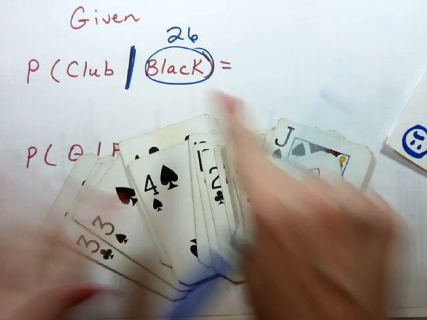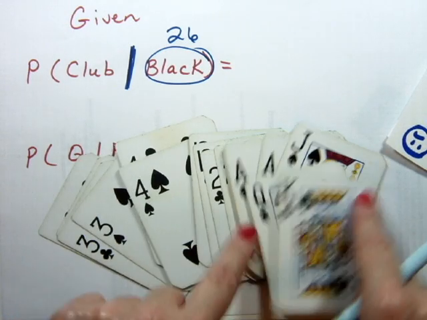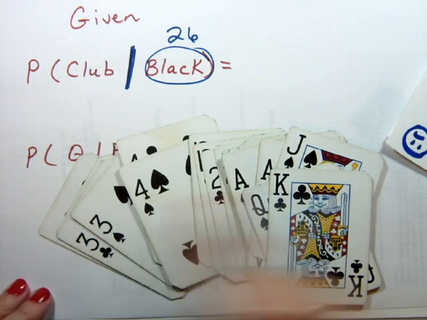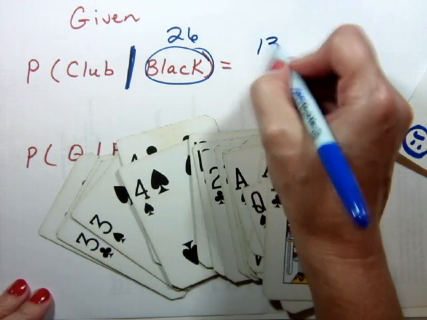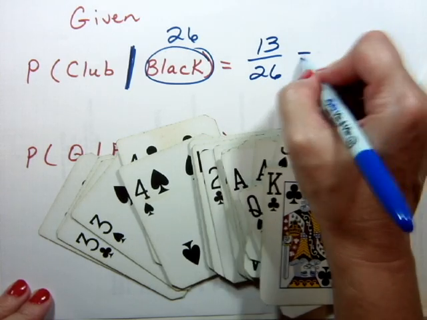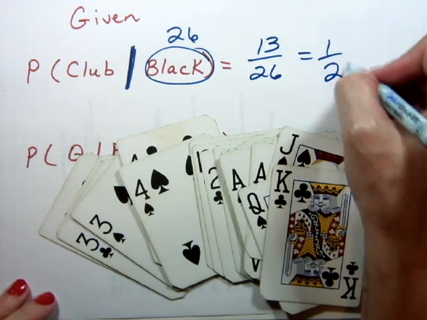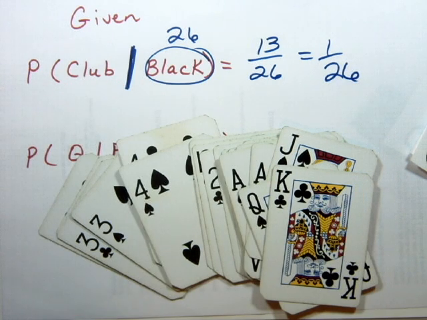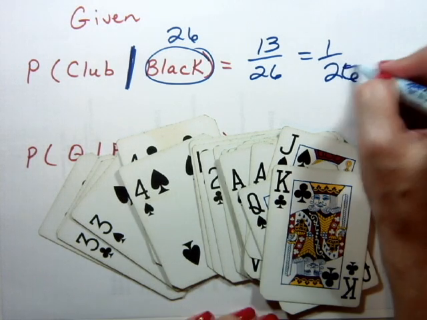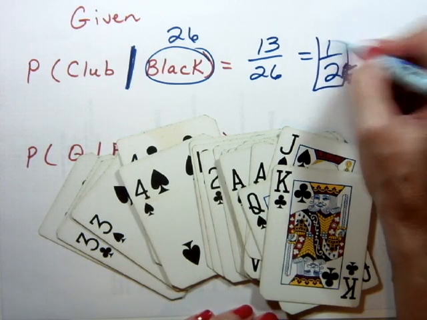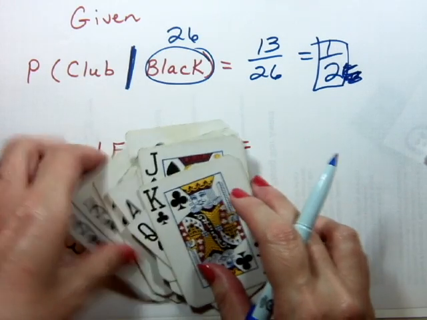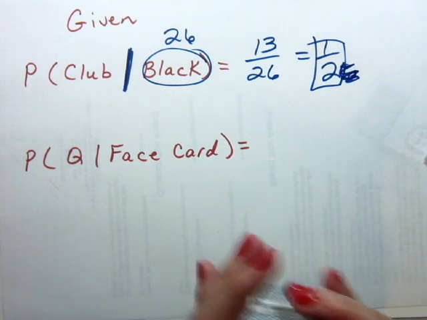So if you know it's one of these 26 cards, what's the probability it's a club? Well, how many of these black cards are clubs? 13 out of 26. If you know that your card is black, then the probability that it is a club is 13 out of 26. Oh, that's 1/2. Sorry. Whew. I'm glad I caught that. Now, there's probably things in here I didn't catch. I'm sorry, y'all. Again, it's late.